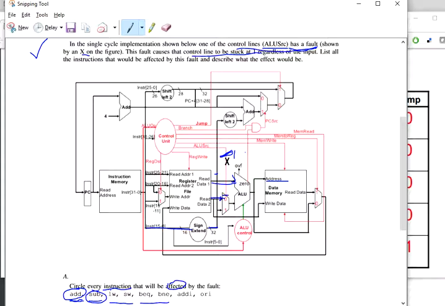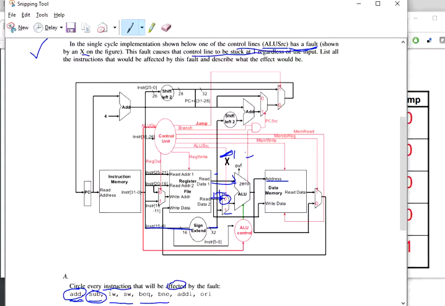So like I said before, this one actually wants 0 because we want to compare RT with RS, not the branch address. If this is 1 instead of 0 because it is stuck at 1, we are going to be comparing it with the branch address rather than RT. So this ALU SRC might be 1, might be 0, you never know, and it might not be what you want.